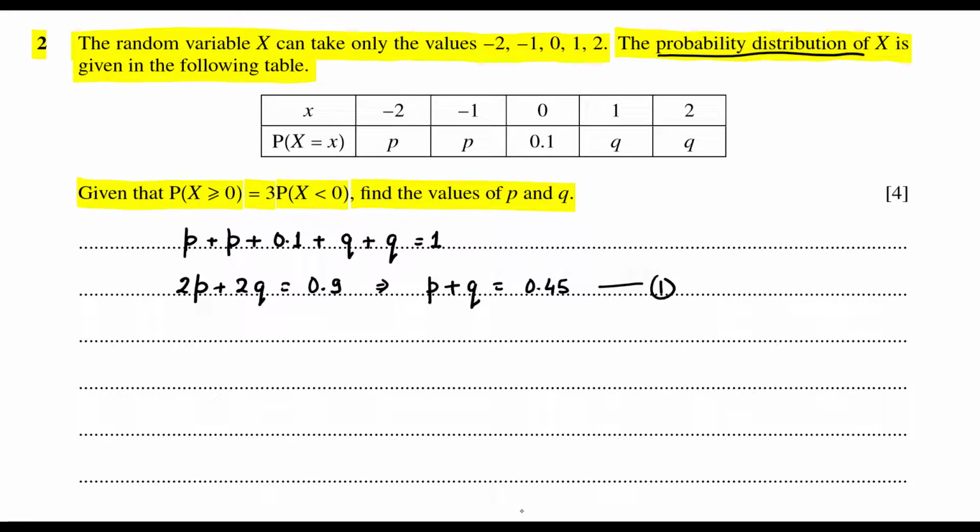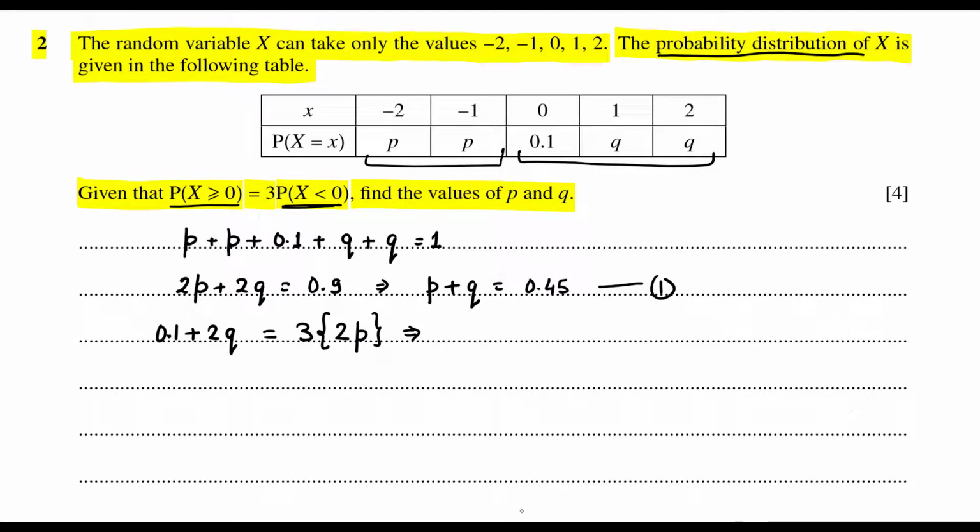And from this condition, given that probability of x greater than or equal to 0, that means these three. So we have 0.1 plus 2q is the same as 3 times the probability of x less than 0. Less than 0 means only these two, means 2 times p. So we'll summarize it again.